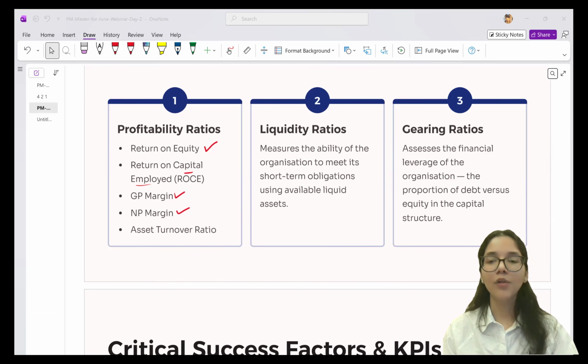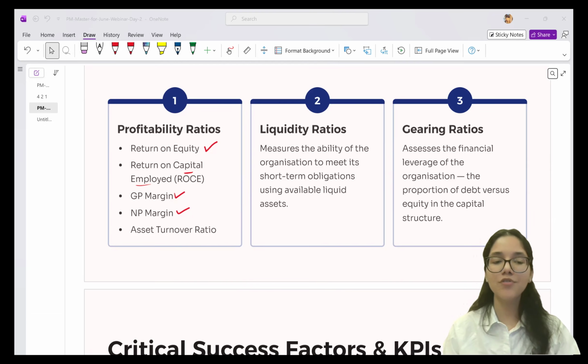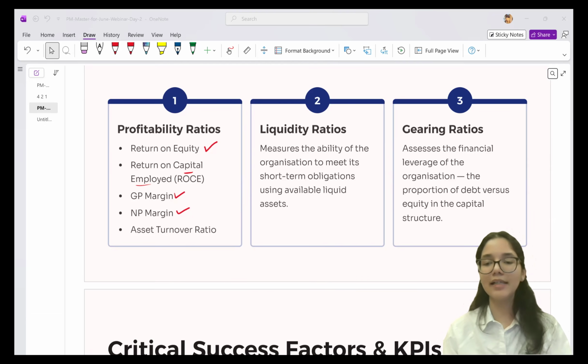Anyone? What do liquidity ratios tell you? In very simple terms. You people have been learning ratios for a very long time. Absolutely right, Annette. They tell you about the financial ability of the company.